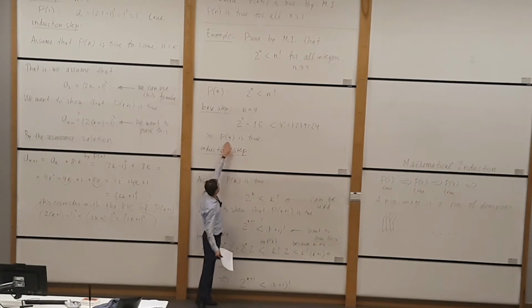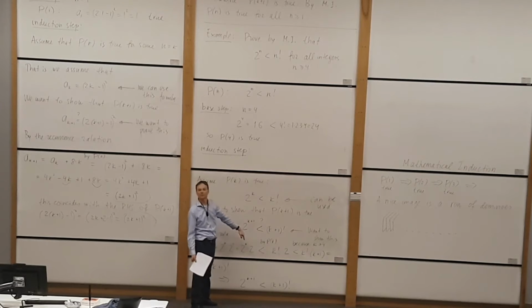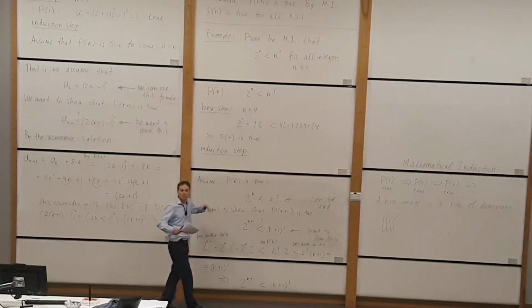So if P of 4 is true, then this second step shows that P of 5 must be true. Knowing that P of 5 is true, this step used again implies that P of 6 is true, and so on.